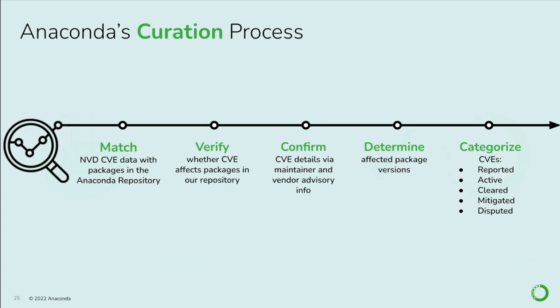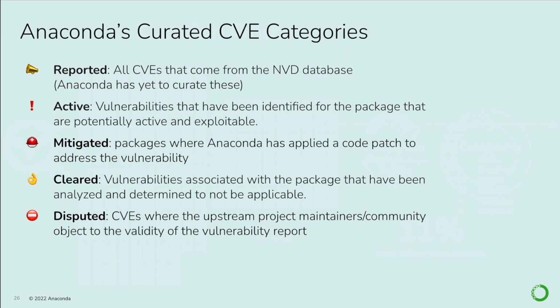Active means vulnerabilities that have been identified and exist are labeled as such. Mitigated covers packages where Anaconda has applied a bug fix or code patch, which used to be affected but no longer is, perhaps because of a new release or some backporting. We'll share an example of that shortly. Then there's also a cleared status, which means that after our research, we found that this package, version or build is not even applicable. So this is essentially noise.